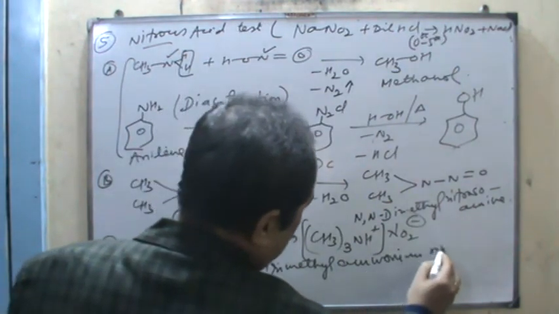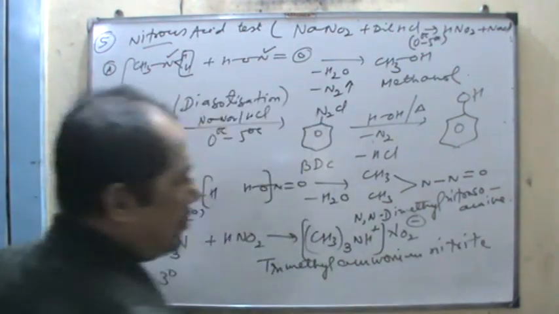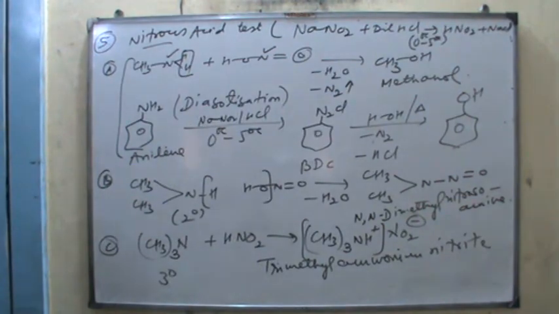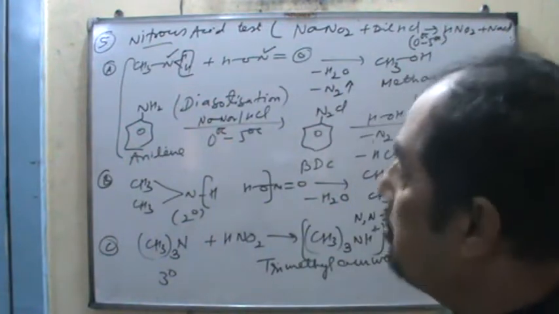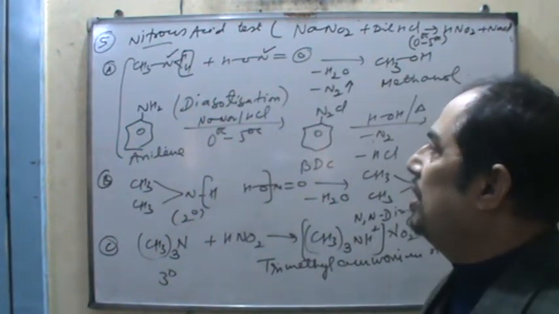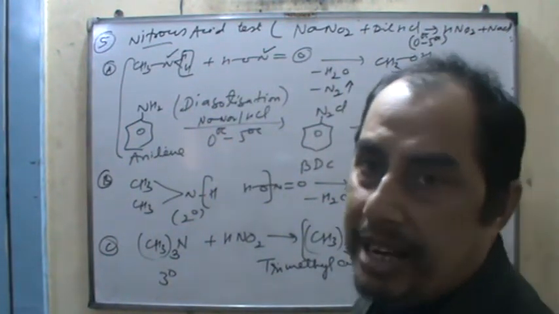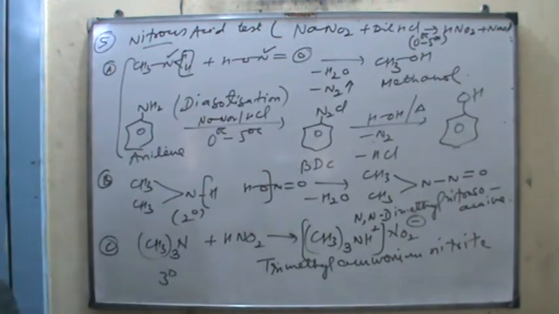Trimethyl ammonium nitrite. These are the important chemical reactions of aliphatic as well as aromatic amines.